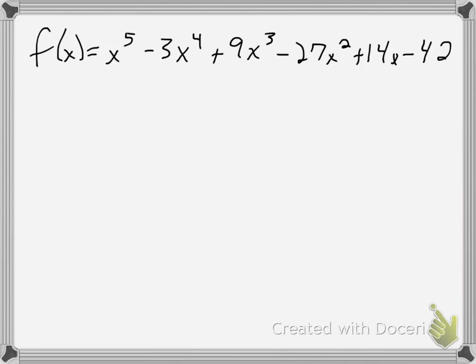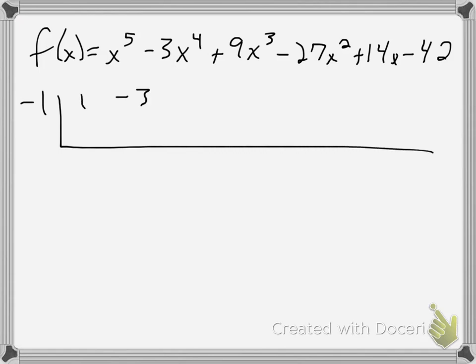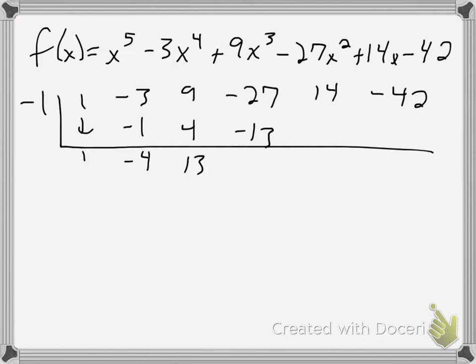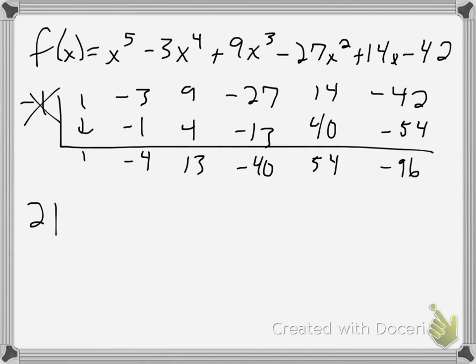Now let's look at negative 1. So once again I have 1, negative 3, 9, negative 27, 14, negative 42. I'm going to go through this kind of quick. I feel like we're all pretty comfortable with synthetic division. Negative 1 is not a factor. Now I need to try 2.